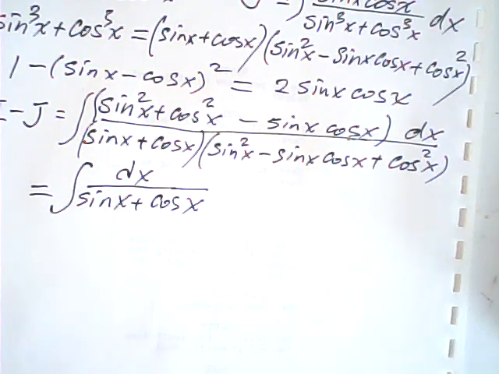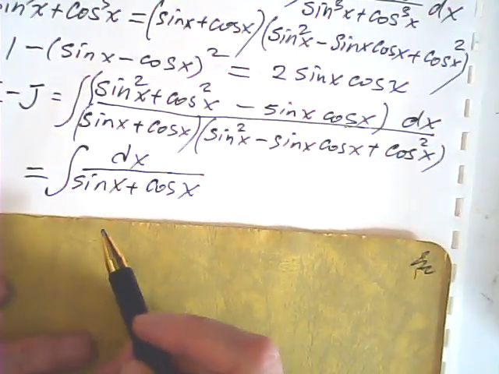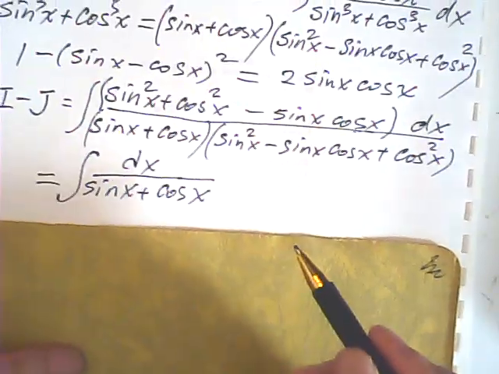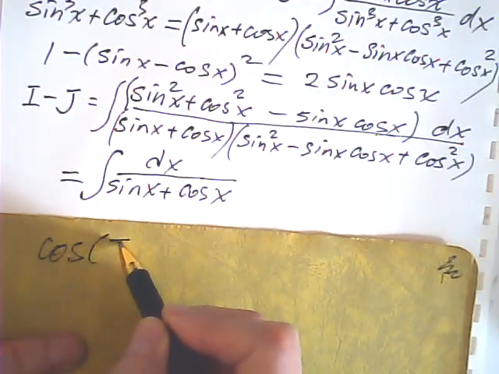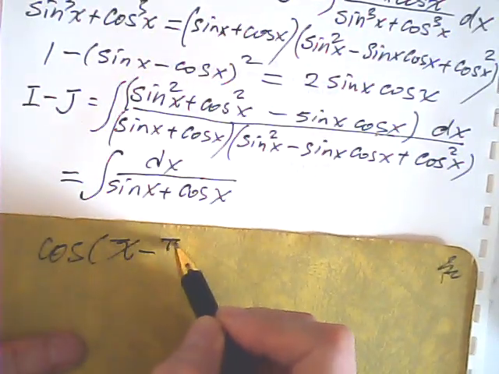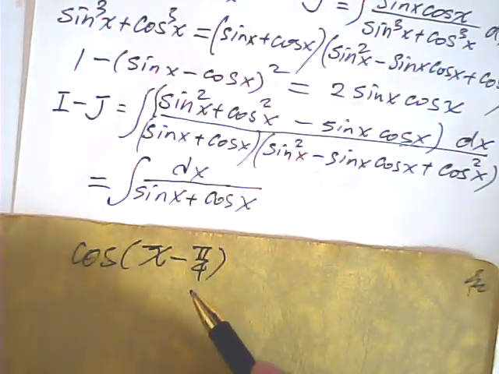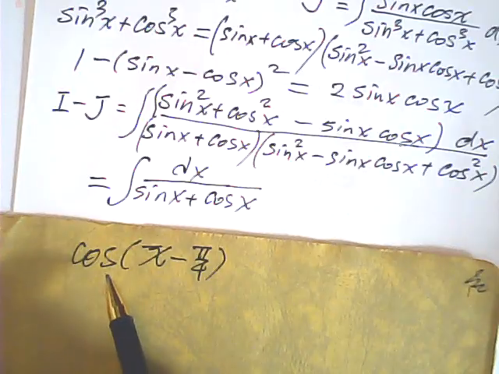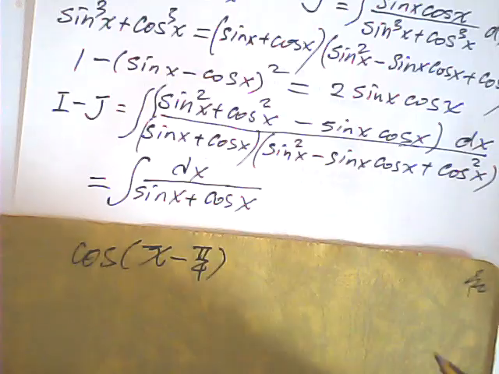Now then, let me try to use this formula. This is cosine of x minus quarter pi, based on the basic trigonometry. This is cosine A minus B is cosine A cosine B plus sine A sine B, right?